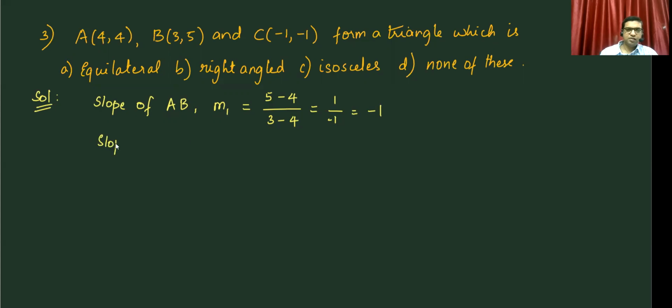Slope of BC is minus 1 minus 5 by minus 1 minus 3. So I have minus 6 by minus 4. This is 3 upon 2.